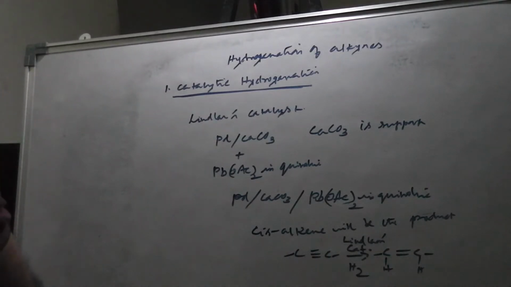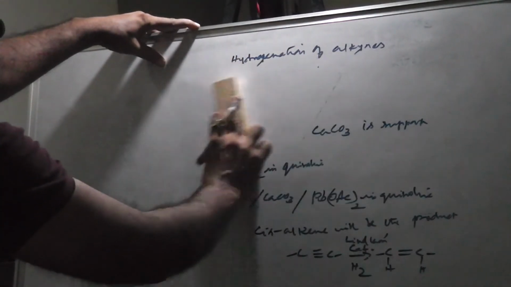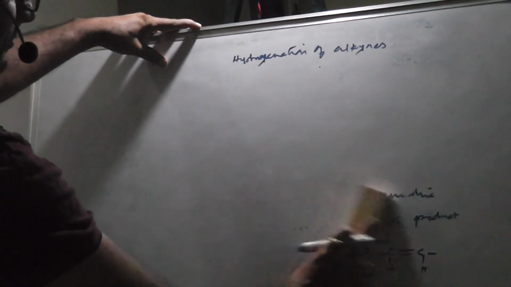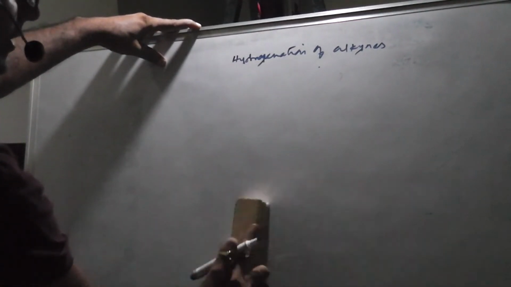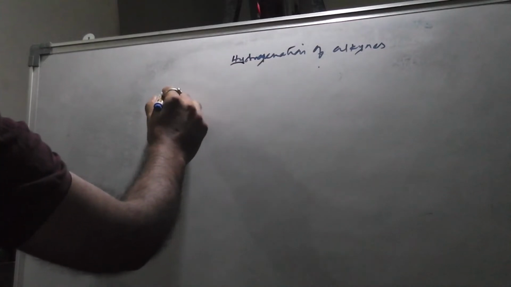Example. The Lindlar catalyst, whatever we are discussing, also selectively reduces only the triple bond and it doesn't touch other functional groups. Example.